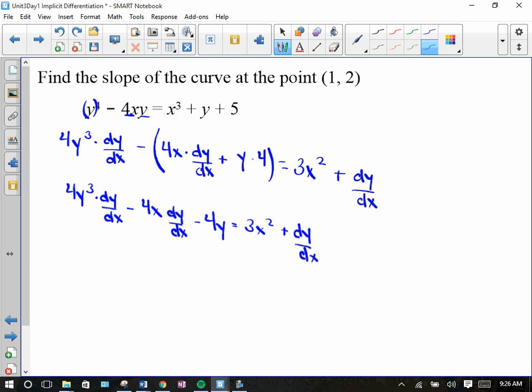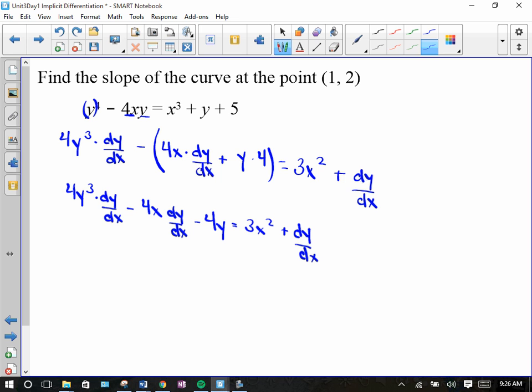Now we're trying to find the derivative, the slope. We're trying to find the first derivative, correct? So we're trying to solve for our variable dy dx, right? So I'm thinking that we probably want to get all the dy dx's on the same side.